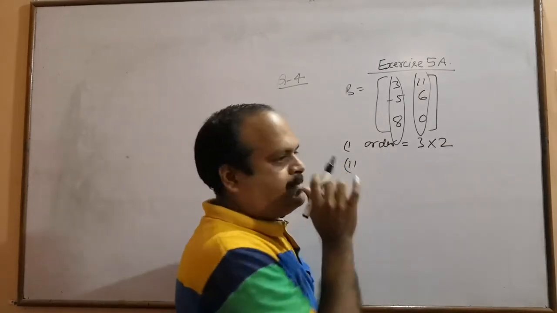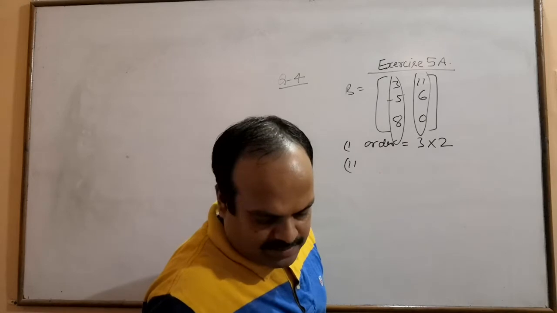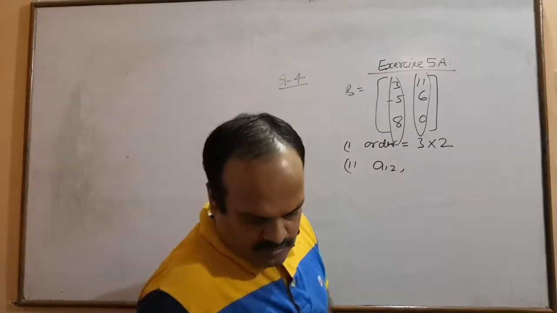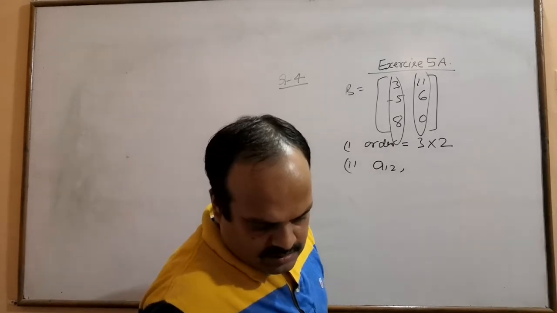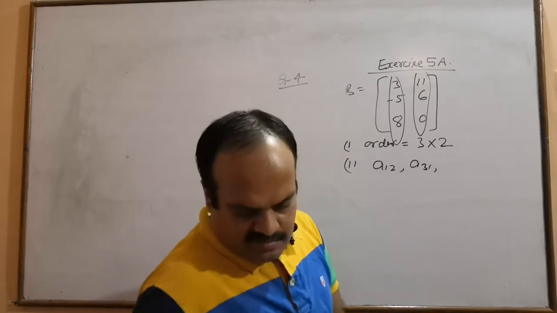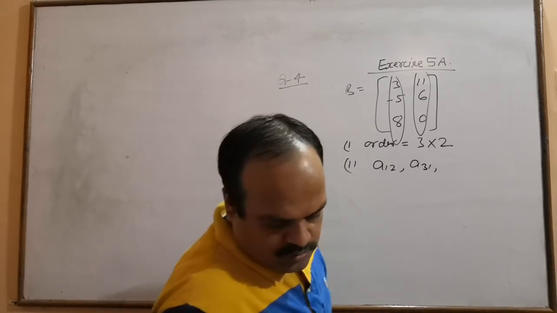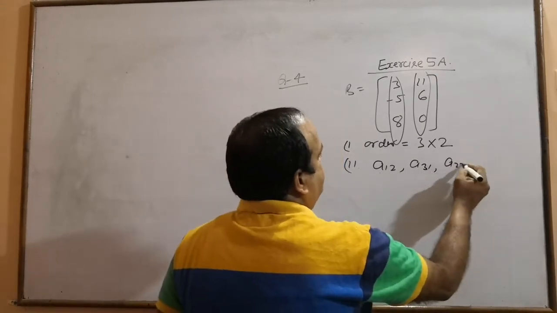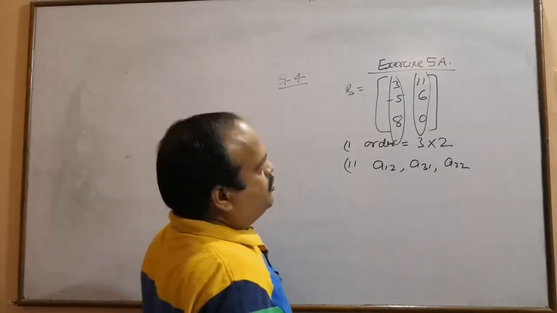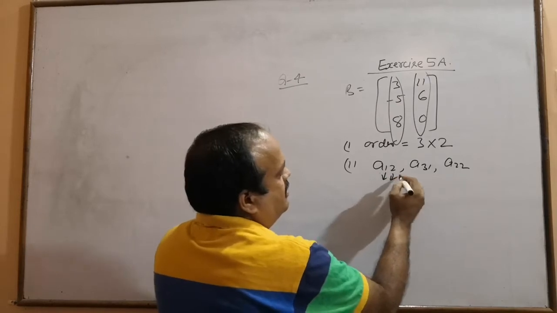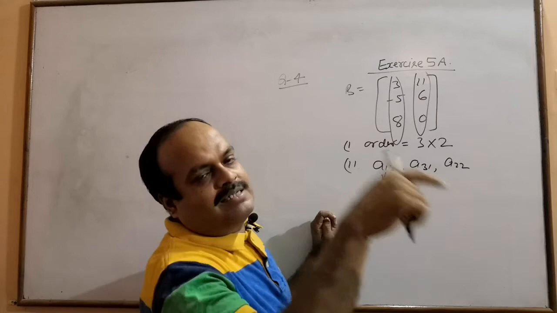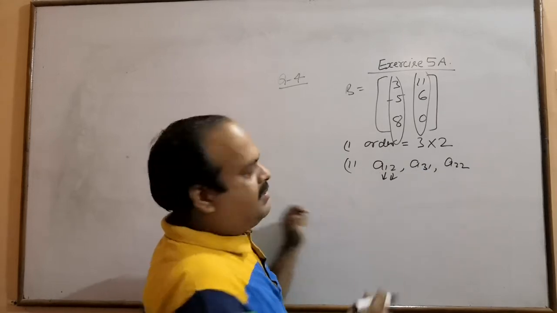Second, we have to find the elements at the places A12, A31 and A22. So A12 means an element in the first row at second column.